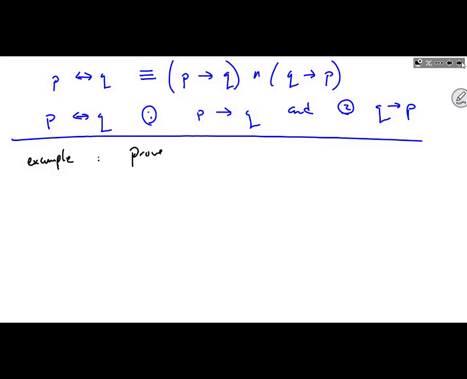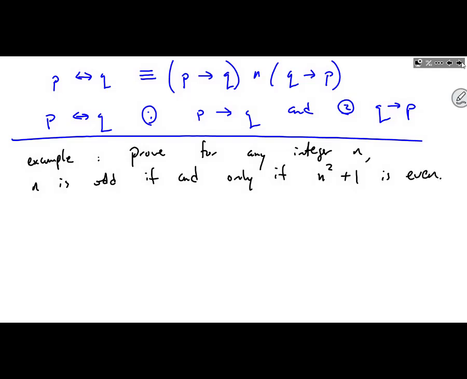So prove for any integer n, n is odd if and only if n squared plus 1 is even. Okay, so what is it that I want to show?